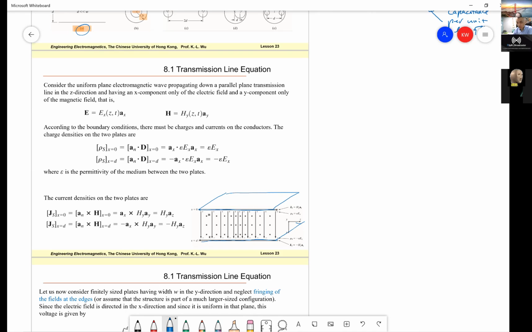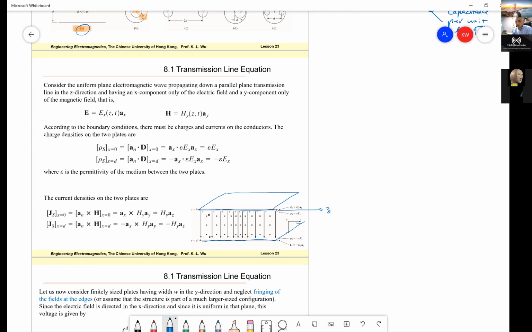Then the field propagates along that direction.